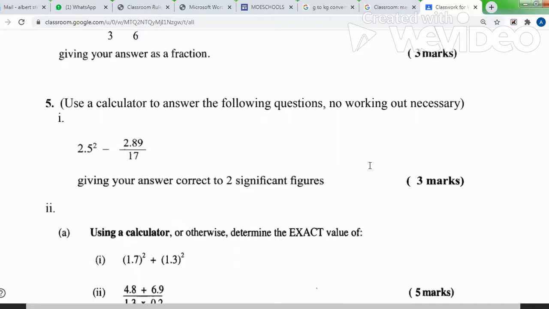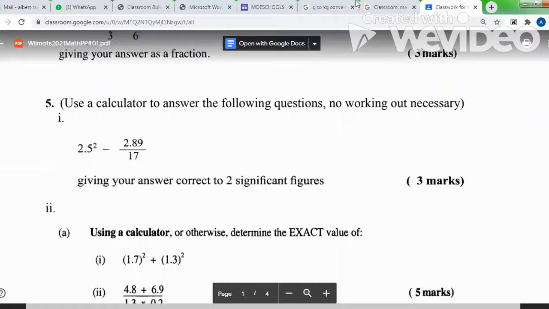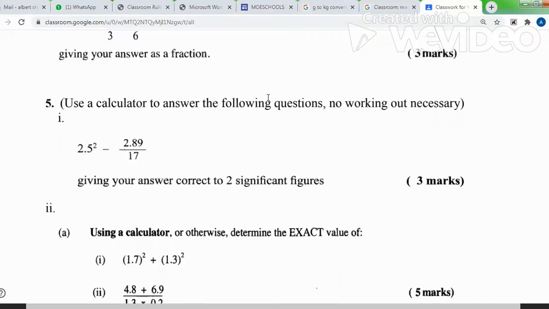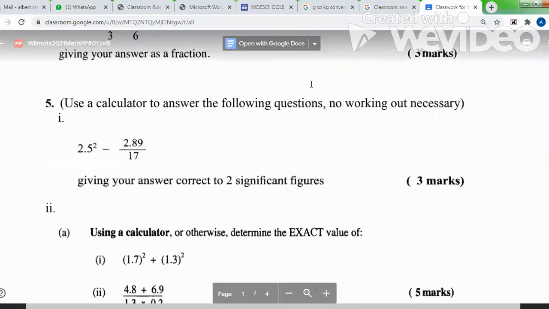All right. So, who wants to go ahead? Question number 5, part 1. Who wants to go ahead and tell me what the answer is? All right, so that's the one that says 2 significant figures. Sir, I got 6.1. Okay. Sir, is the answer 6?